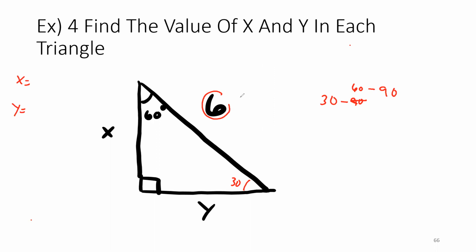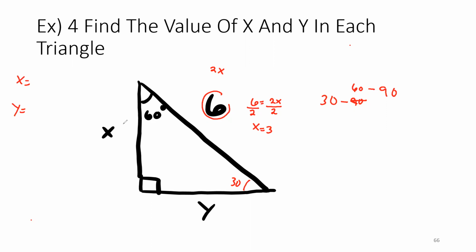We only have one side length, which is the hypotenuse. And according to the rule, the hypotenuse of a 30, 60, 90 triangle is 2 times x. So what you could do is say that 6 equals 2x, right? And then let's solve for x. So you would have to divide this by 2. So x equals 3.